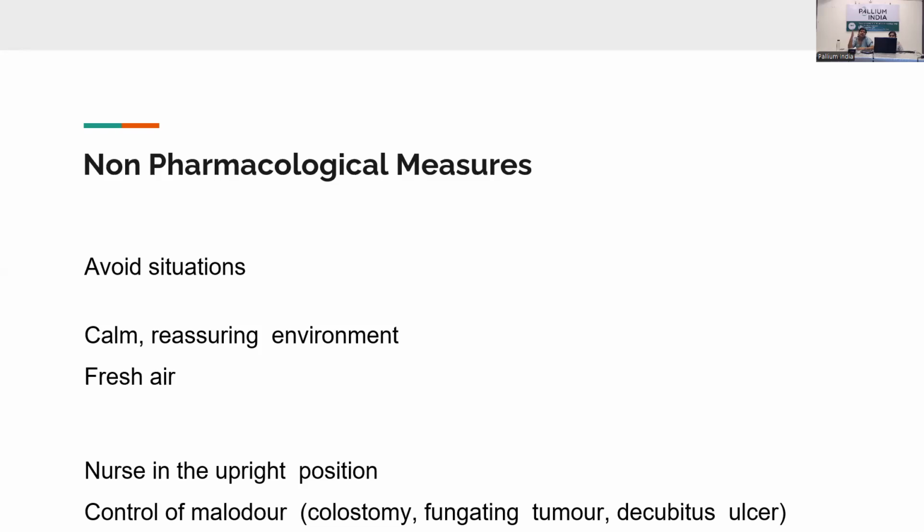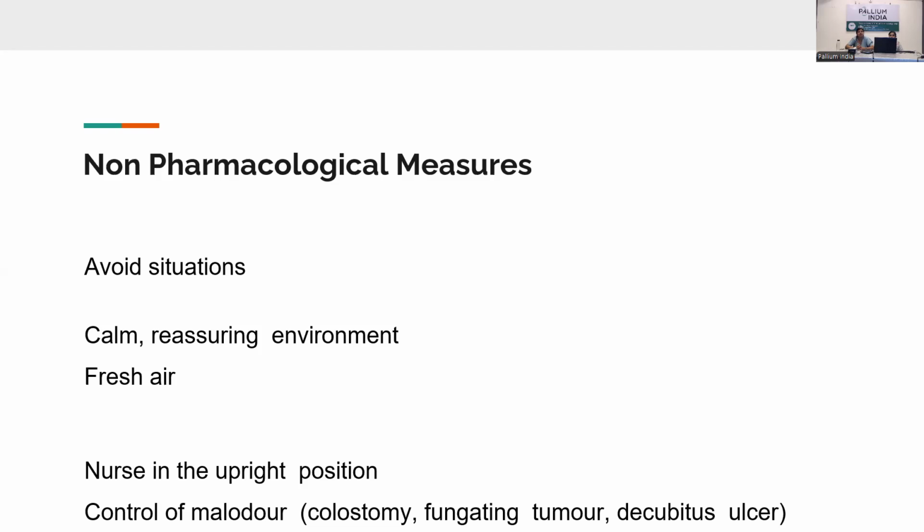So avoid exposing them to such an environment. Provide a calm and reassuring environment, fresh air, and nurse them in the upright position. Ask them to sit and take food. If they are lying down while taking food, the patient might get more nauseated, or proper digestion will not happen.